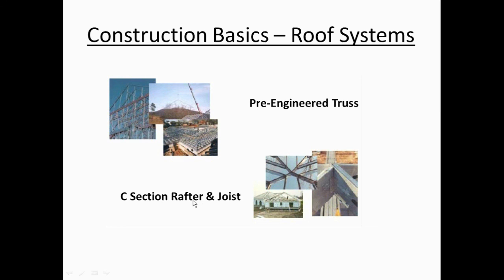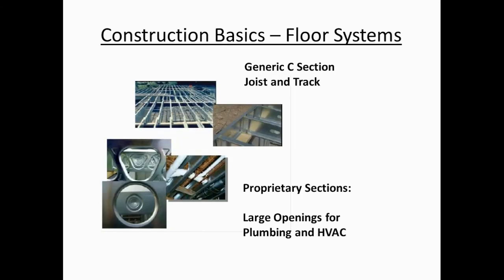Or you can use the C section in a rafter configuration. Shown here is the old-fashioned hip roof, which can only be done in a rafter configuration, as you see here. The rafters allow you to do nice cathedral ceilings. The downside of the truss is it does chew up a lot of height and may put some limits on your interior design.